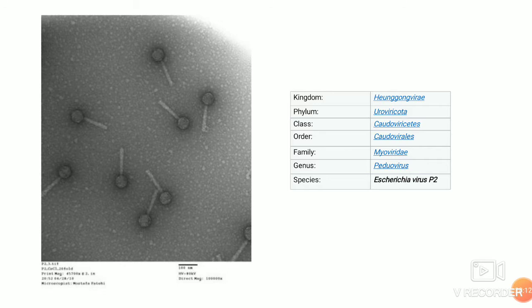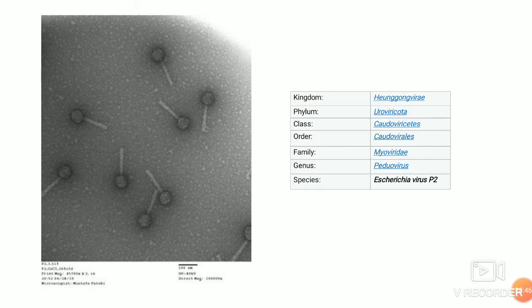They have a range of hosts. The common host is E. coli, and other than that the phage can multiply in strains of many species of Serratia, Klebsiella pneumoniae and Yersinia, which play a very important role in horizontal gene transfer in bacterial evolution.